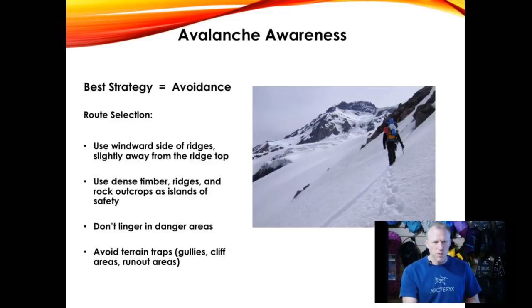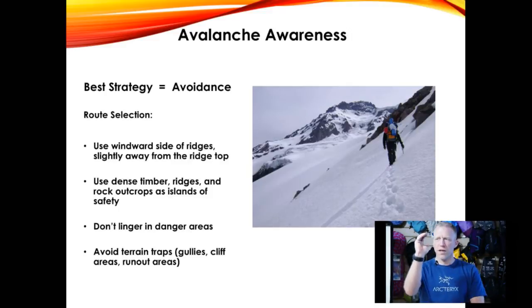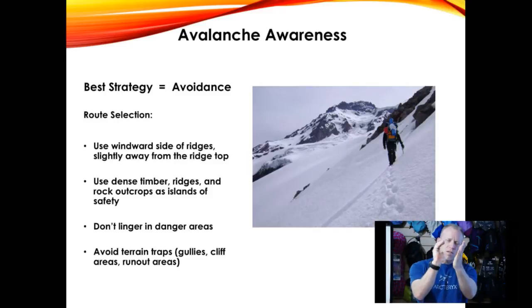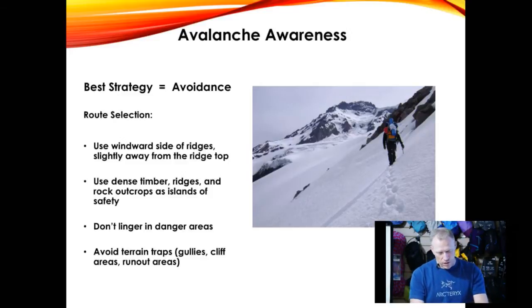So let's look at some key things again for route selection. One, use the windward side of ridges. So if there's a cornice, okay, and the wind is blowing on this side, you want to stay on the windward side of the cornice where the snow has been scoured and not wind loaded. You can use dense timber, ridges, and rock outcrops as islands of safety. This is one of a climber's favorite bag of tricks to avoid avalanches.